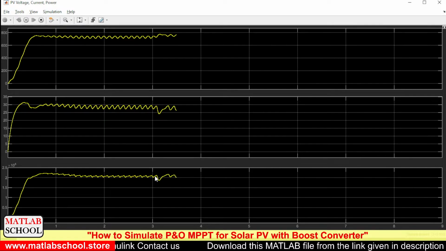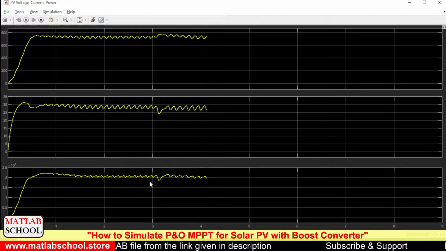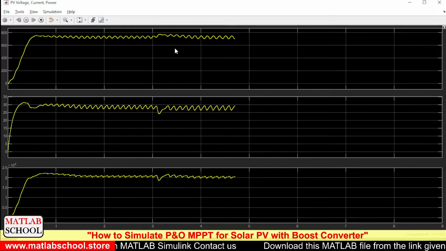When the time reaches 3 seconds, there is a change in load. Even if the load is increased, there won't be any significant change in the power extracted from the PV panel. You can see the current getting decreased to a certain value, but that will be compensated by the increase in voltage.